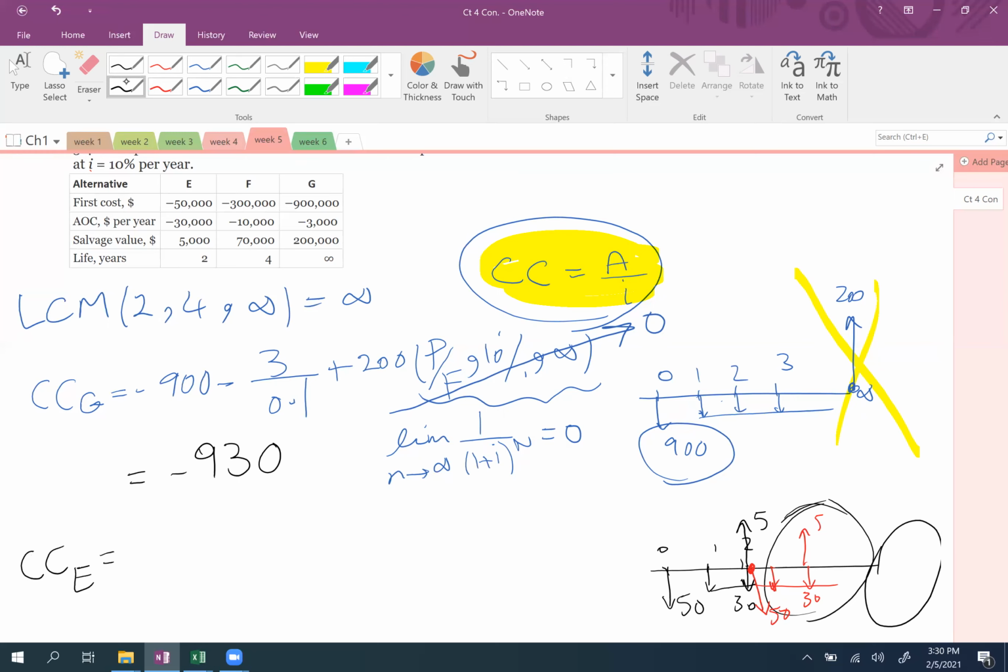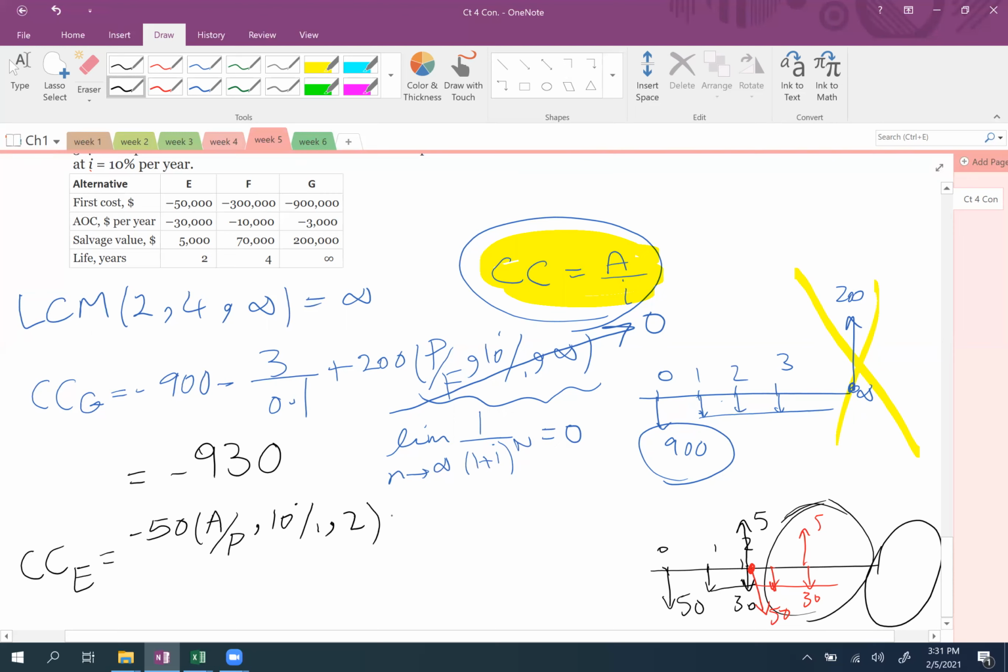That's why the easiest way to do it is to convert whatever you have to equal amounts of payments for the period of discussion, which is 2 years, and simply divide it by i. So it will be equal to negative 50. I need to transform that to A for that given P over the course of 2 years.